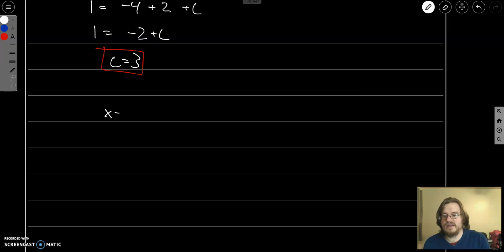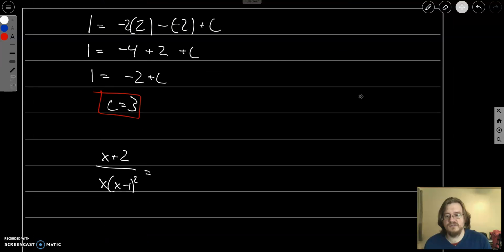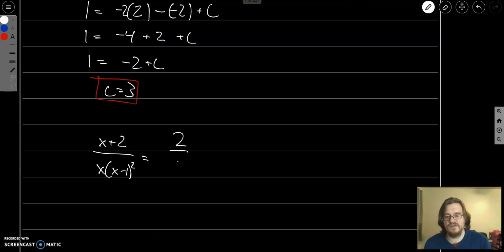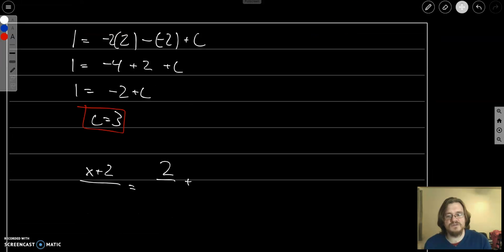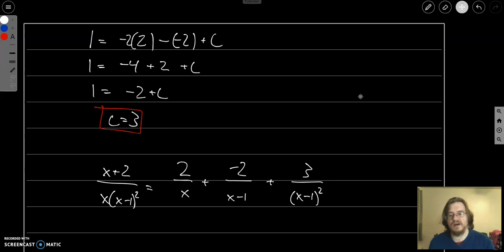So x plus 2 over x times x minus 1 squared is equal to, we had 2 over x plus -2 divided by x minus 1 plus 3 divided by x minus 1 squared. This is all that there is to partial fraction decomposition.